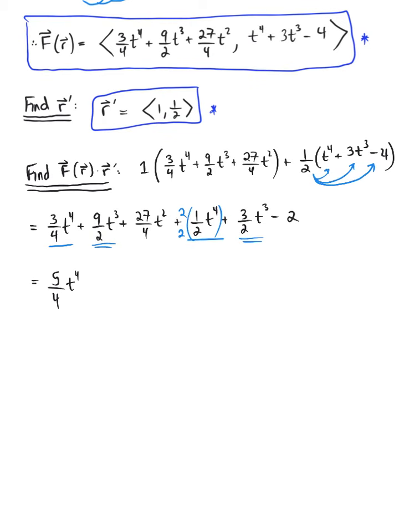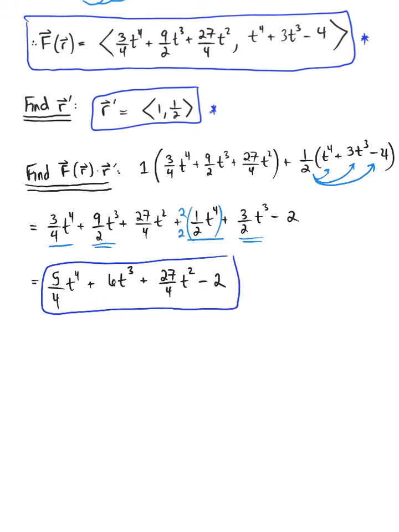So 12 halves leaves us with plus 6t cubed. And then this will be plus 27 fourths t squared minus 2. And we're good to go. We've got the dot product here. This is that integrand. And we're ready to start evaluating our vector line integral.